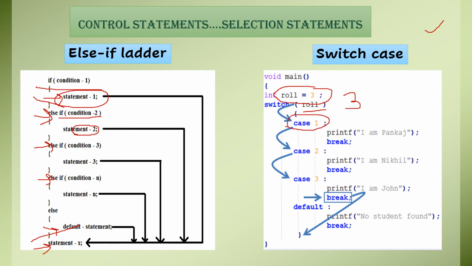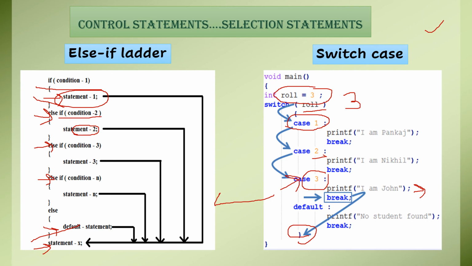No, the value is not 1. Then it will go to case 2. No, the value is not 3. Then it will go to this. Here the value is 3. That means this case block will be executed, and after this execution we are writing a break statement. That means it will come out of this switch.